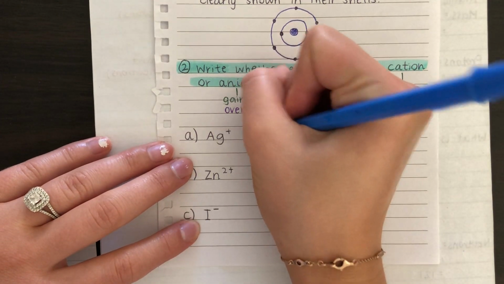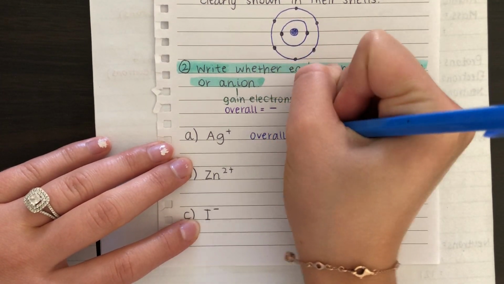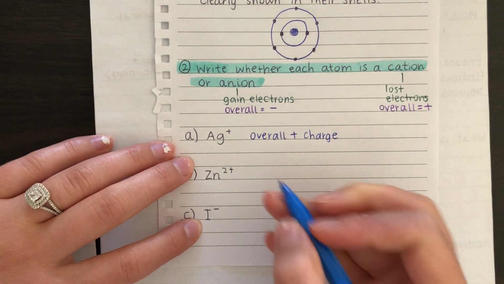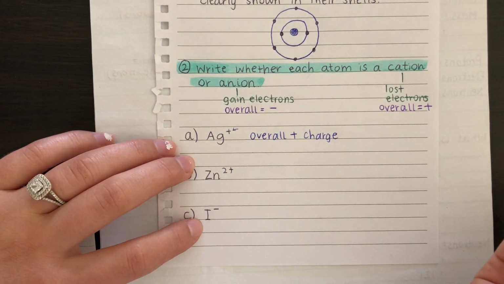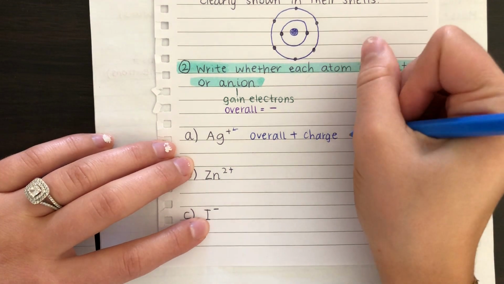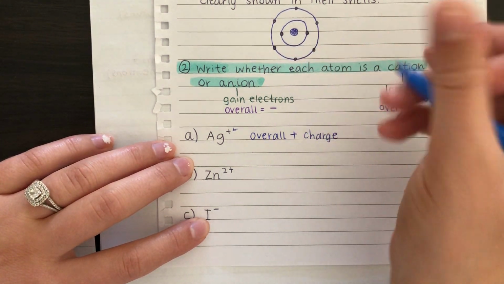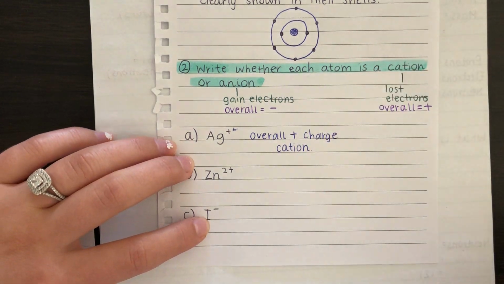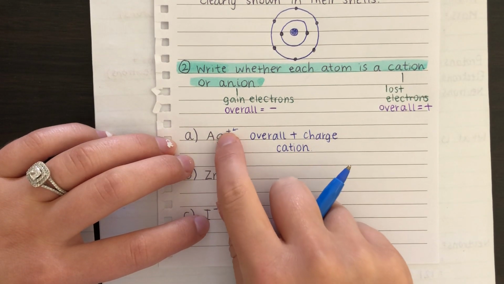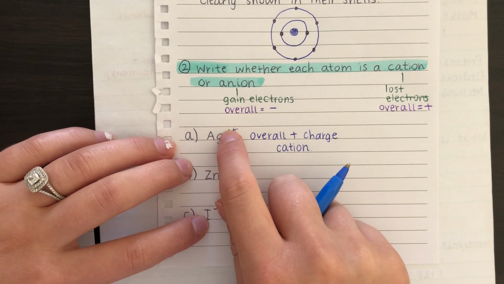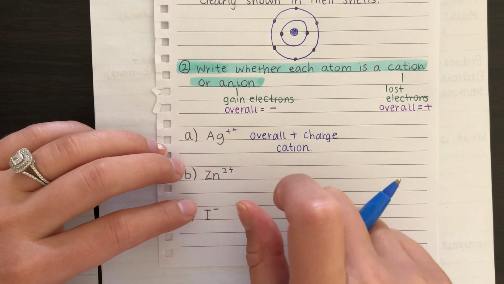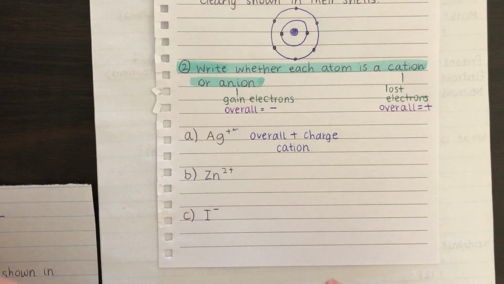It's got an overall positive charge because of this. So it is a cation. Now, because there are no numbers up there, that means that there is actually an imaginary 1.